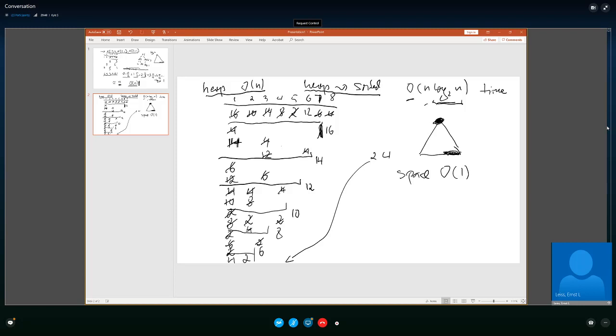So the whole idea that you can do that with a constant that is hidden in that order notation, which is small, about 3 or so, is certainly very attractive, because heap sort allows you to sort with no additional space except for a couple of variables.